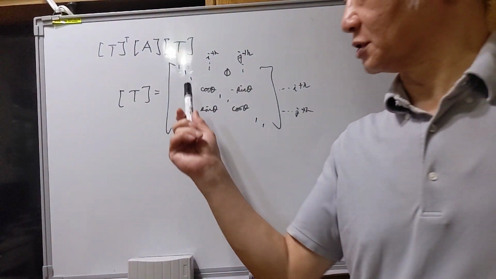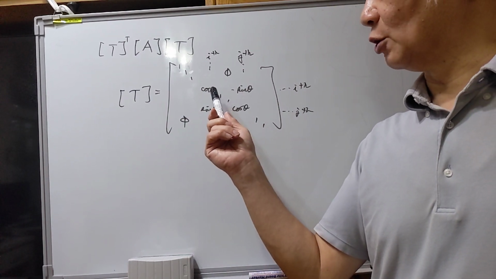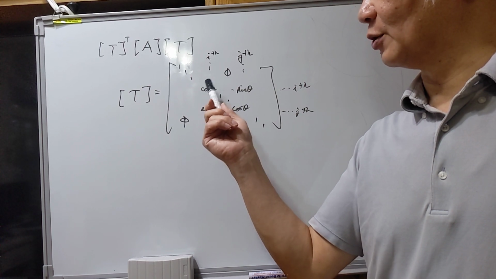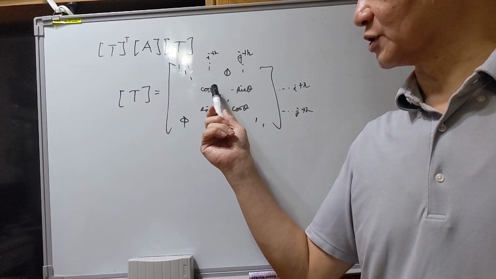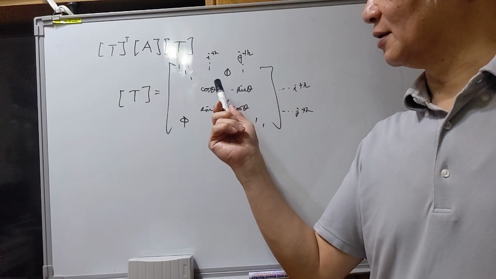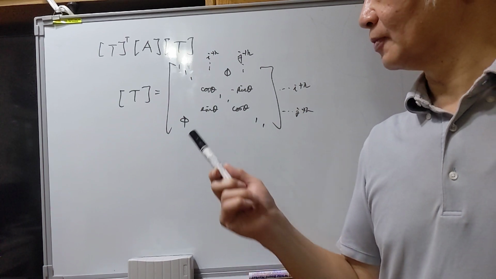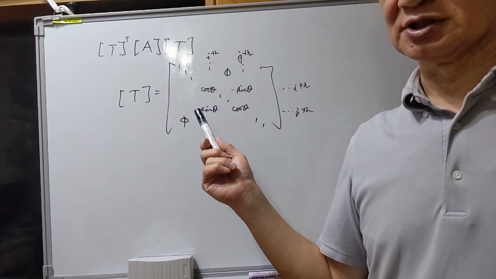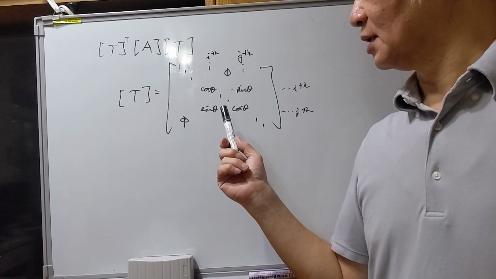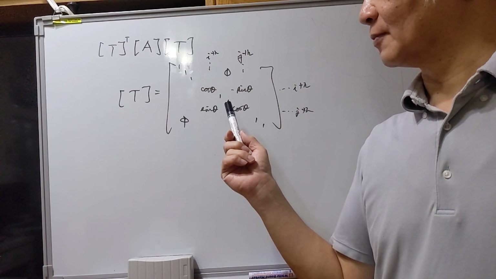In this matrix, all the diagonal elements are equal to 1, but only for TII it is the cosine theta, for TIJ it is the negative sine theta, TJI is the sine theta, and TJJ is the cosine theta.